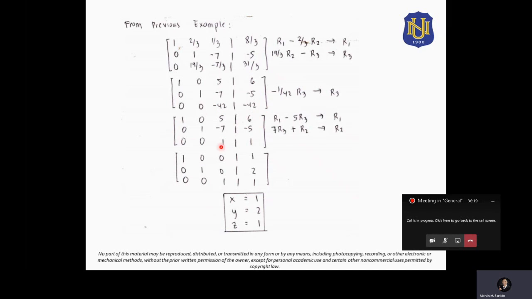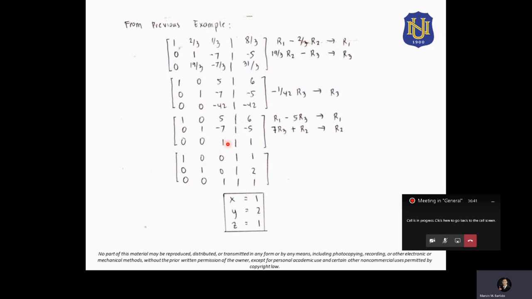Now, from this augmented matrix, kailangan na natin mapag-zero yung 5 at saka negative 7. So, in order to do that, we can multiply yung row 3 pala natin, rather, we have to multiply it first by 5.